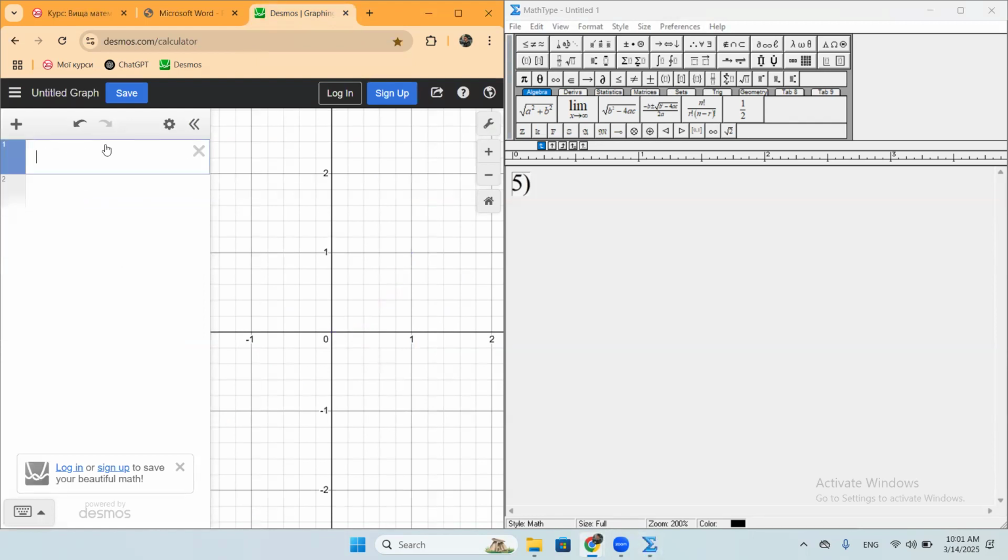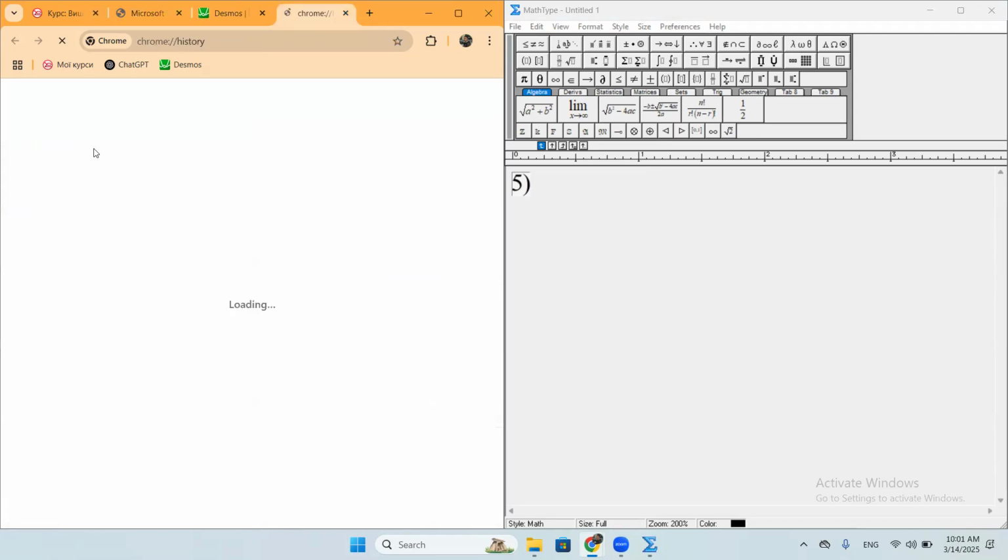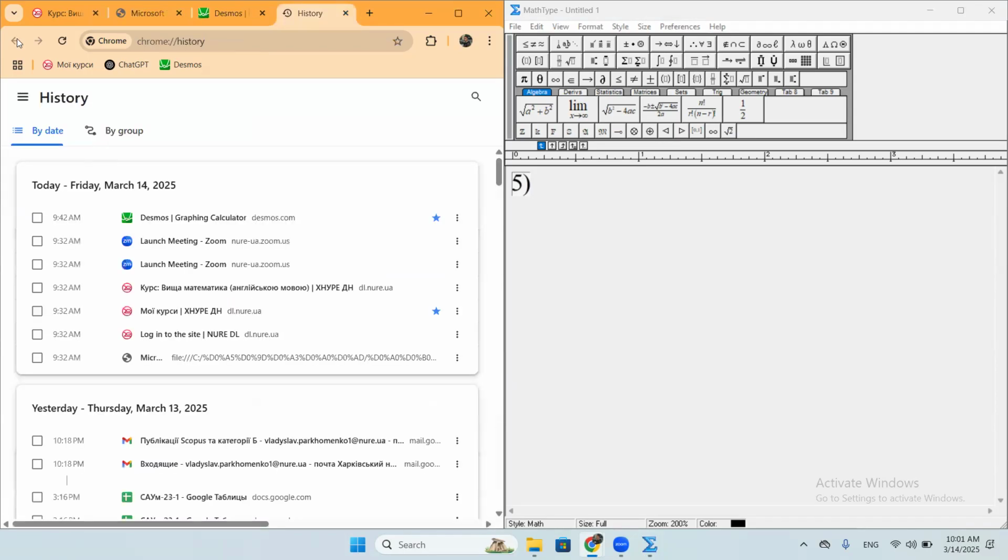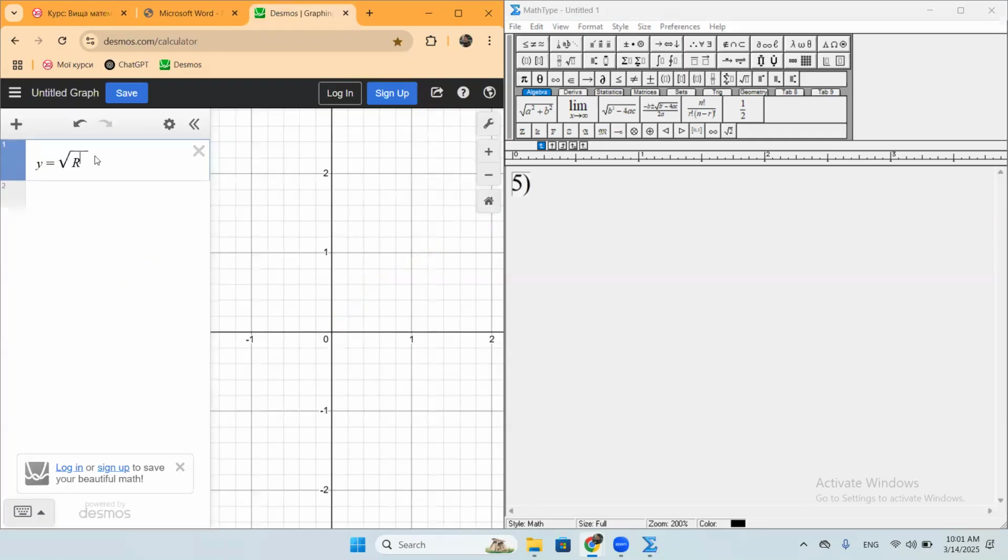So what is interesting for us? Just to calculate the length of a quarter of the circle, and I will plot the graph of the semicircle, the semicircle that is located on the top.